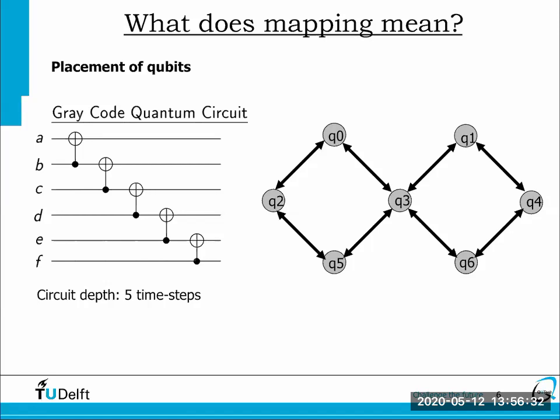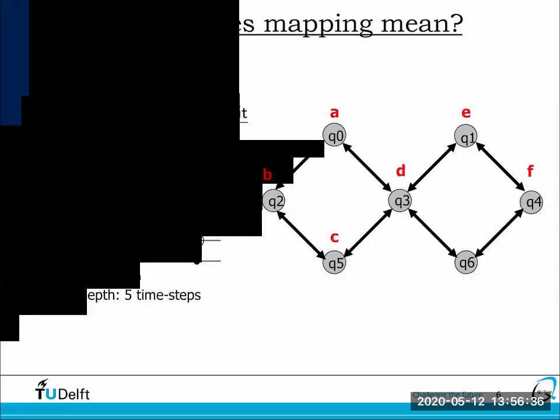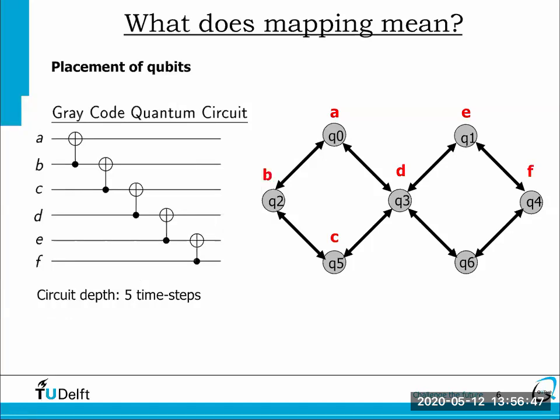So taking into account the two-qubit gates, you can place the logical qubits in the physical qubits of your chip in a way that all these interactions are satisfied. For example, if I place A in Q0, B in Q2, C in Q1, D in Q3, and so on, all qubits can interact. For example, A and B are next to each other, B and C are next to each other, C and D are next to each other, and so on.